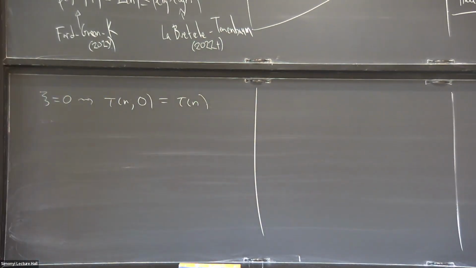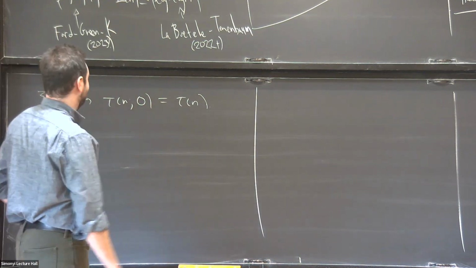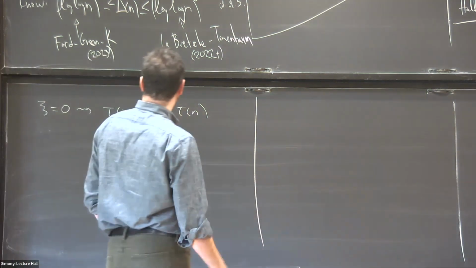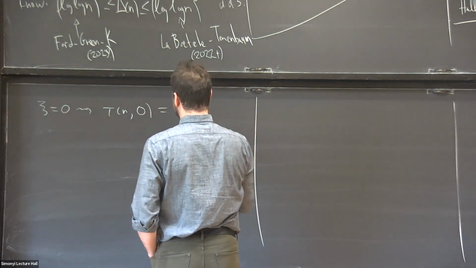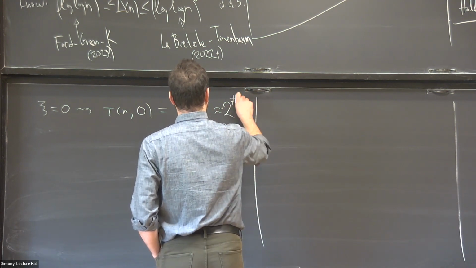Of course, this is the biggest it can be. I also write my divisor function by tau. And we understand this distribution very well. It's basically 2 to the number of prime factors.